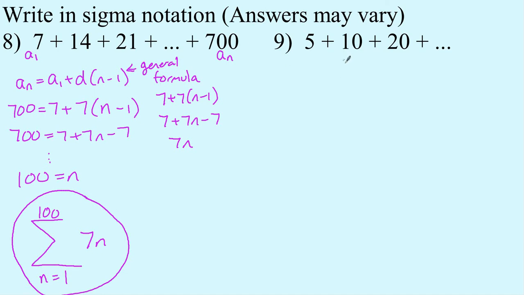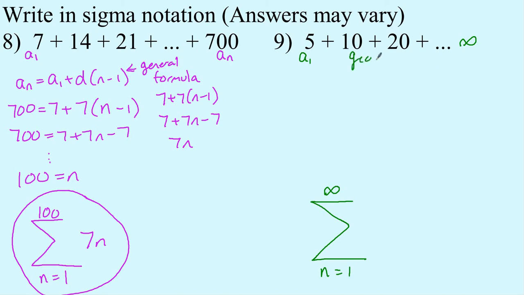Let's do number 9. Here we're starting with a sub 1, and you're going till infinity, until forever. So in our sigma notation, we start when n is 1 and go forever. Now notice what's happening here. It's not arithmetic anymore.